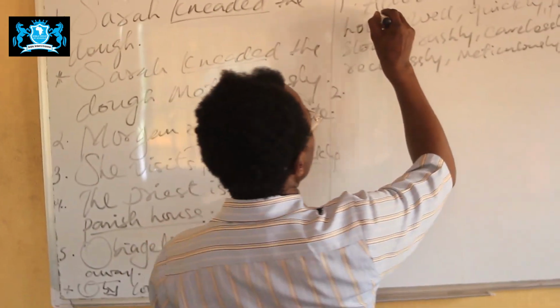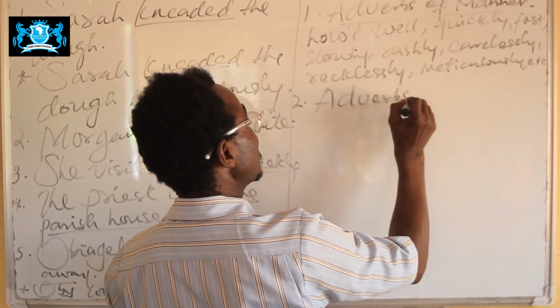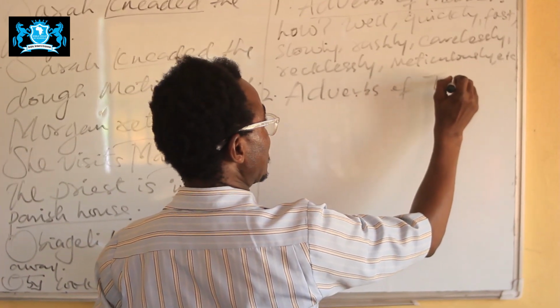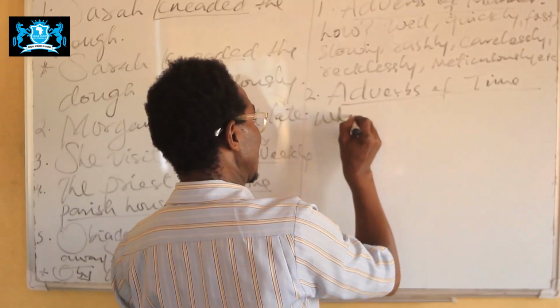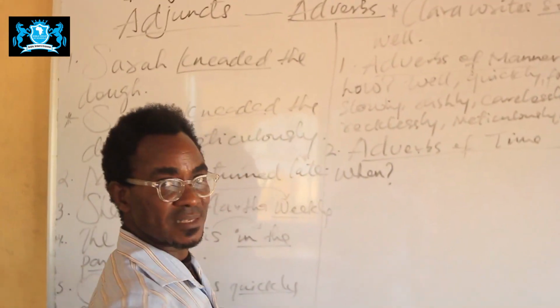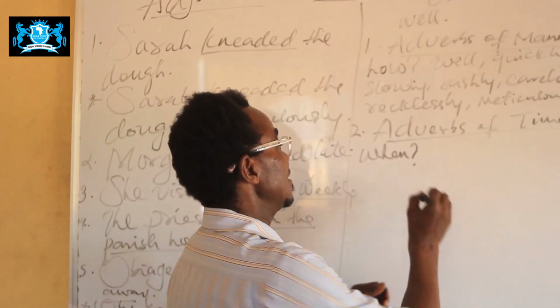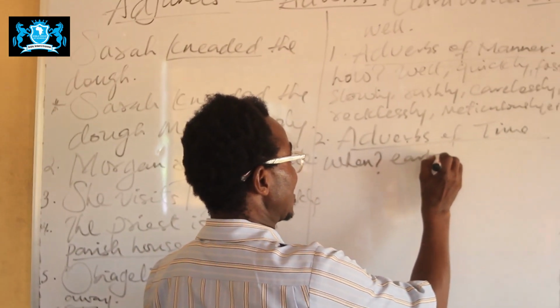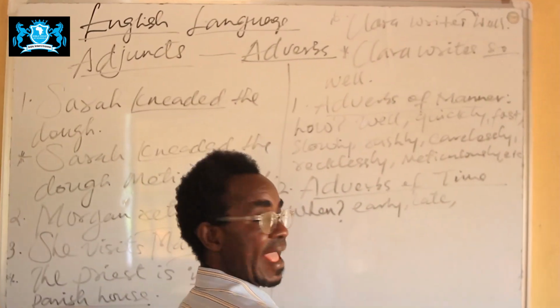Then we talk about adverbs of time, which tells us when the action of the verb took place. So it answers the question when did it happen? Did it happen early? Did it happen late?